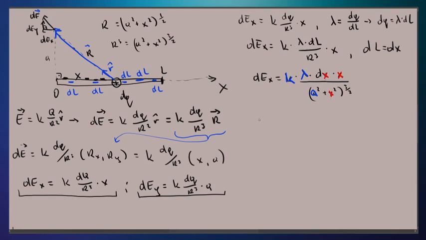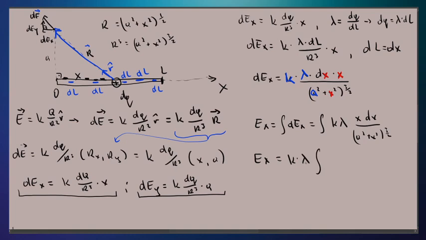So I'm going to rewrite this: Ex is just the sum of all of the little dEx's, and that amounts to the integral of k lambda, and then I have x dx over a squared plus x squared to the 3/2. And so then Ex, I'll simplify it a little, becomes k times lambda, because these are constants.